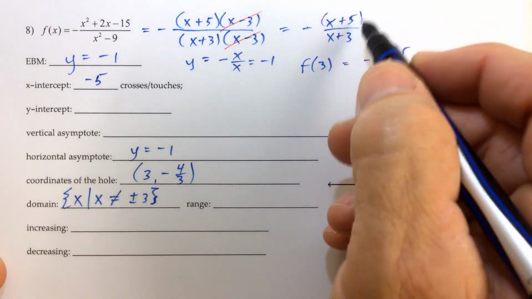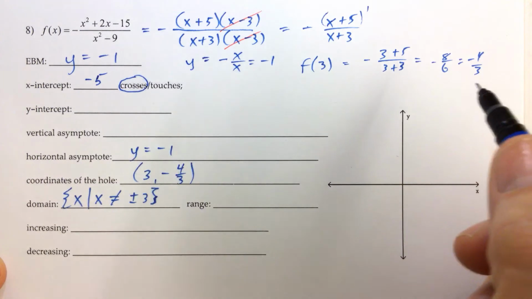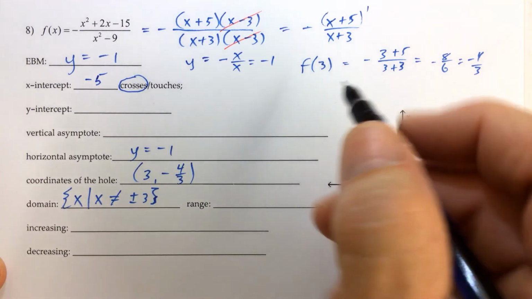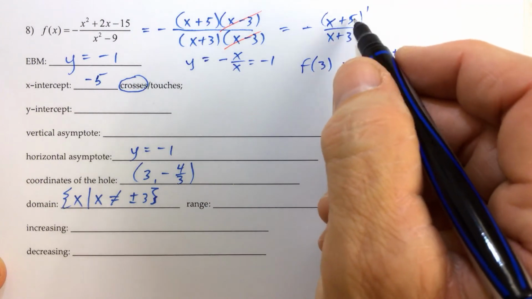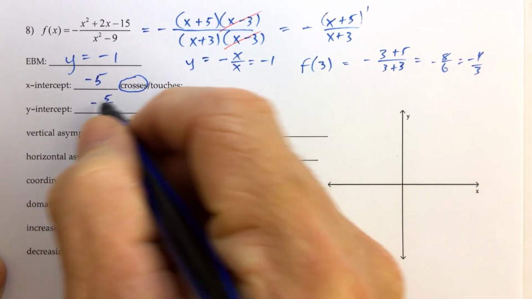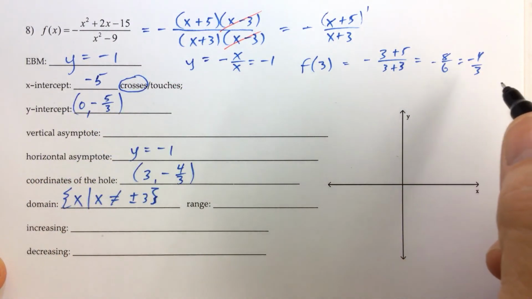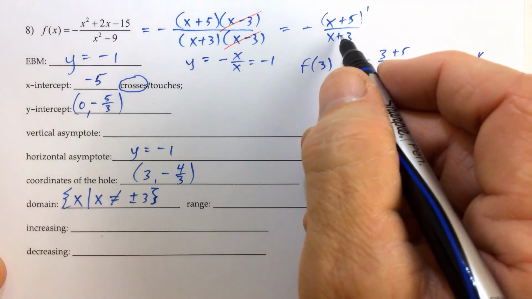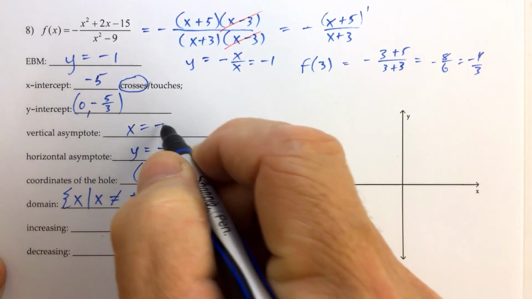And we know that the factor has a multiplicity of 1, so we're going to be crossing the x-axis at negative 5. And how do we find our y-intercept? Well, x equals 0. So we have negative 5 over 3, which is our y-intercept. If we want to write it in terms of coordinates, that's fine. We get the vertical asymptote when we set the denominator equal to 0 in the reduced version. So we have x equals negative 3.